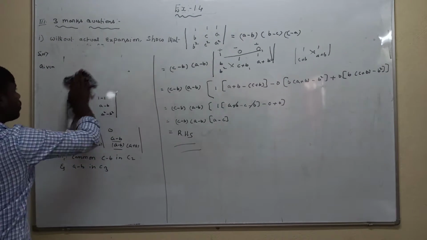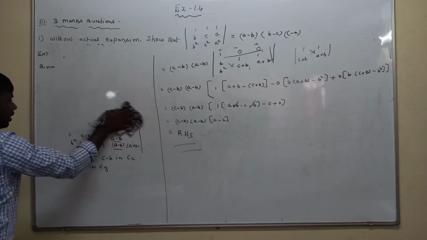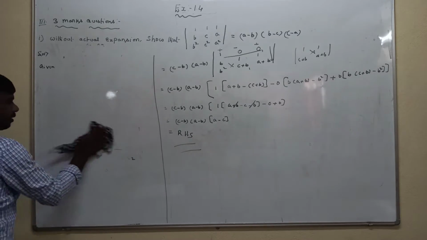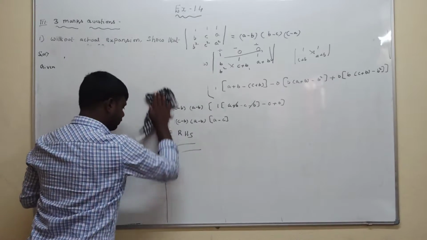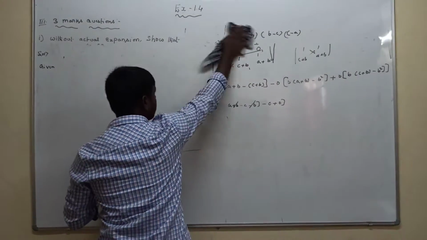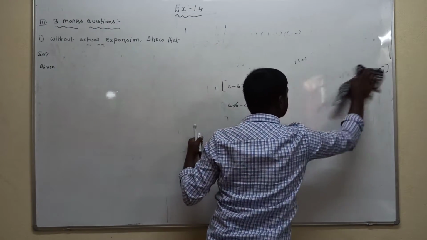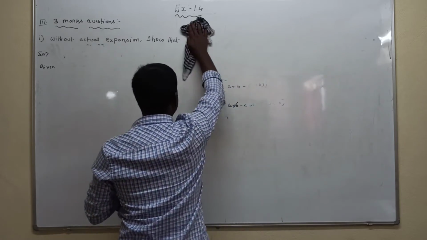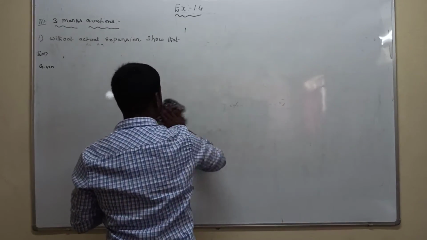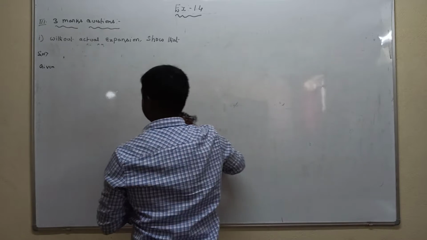See, dear students, the second question is also the same thing only, but the elements are in different places. We are doing column operation in the first question, but in the second question we are taking row operation.